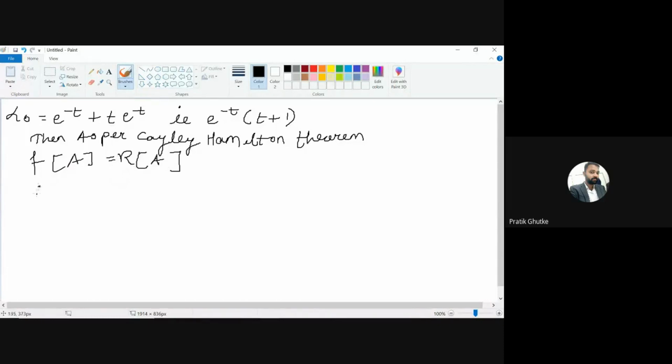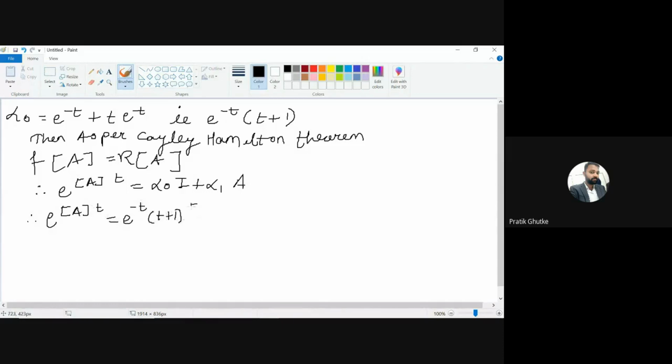Therefore, e raised to At would be alpha 0 I plus alpha 1 into A. Okay. So I have all these values of A, e raised to At and all, then replacing them. Therefore, e raised to At equals, yes, e raised to minus t in bracket t plus 1.